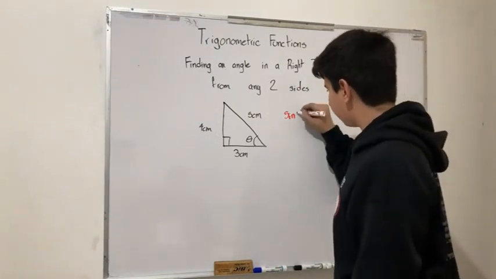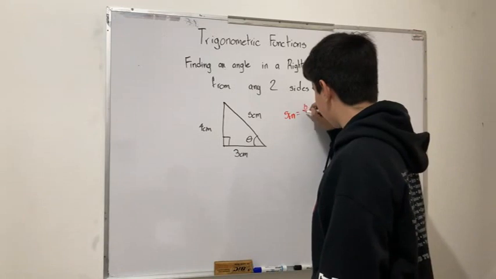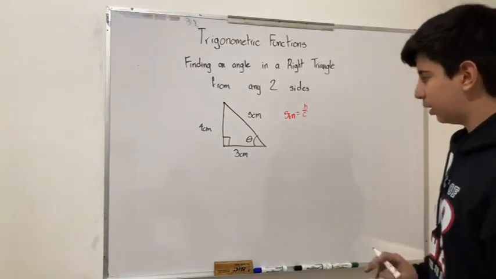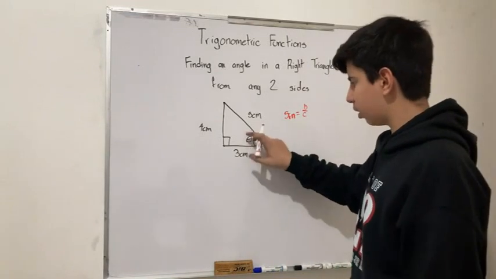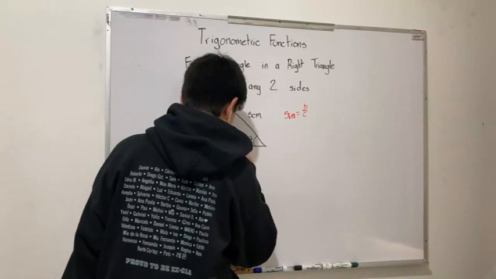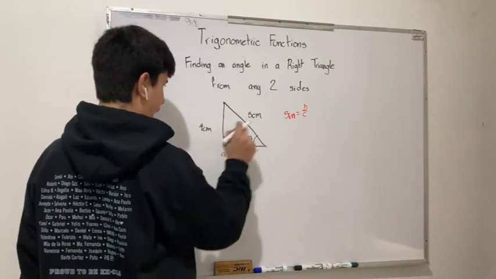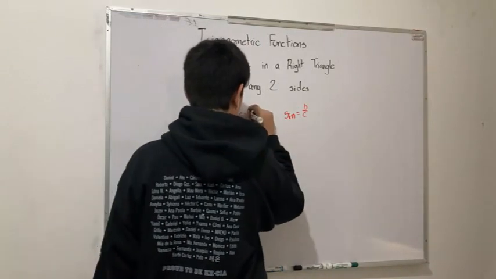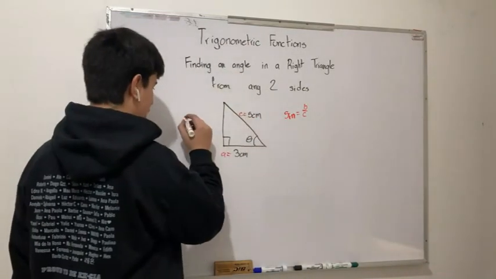I know that sin is b divided by c. In this case, since this side is closer to the other angle, we know that a is 3. And since this one is the hypotenuse and the longer one, c is 5.